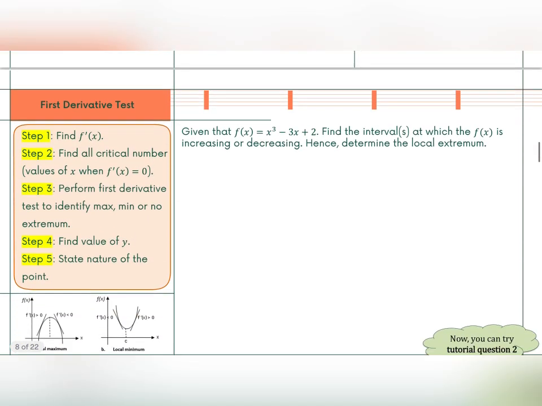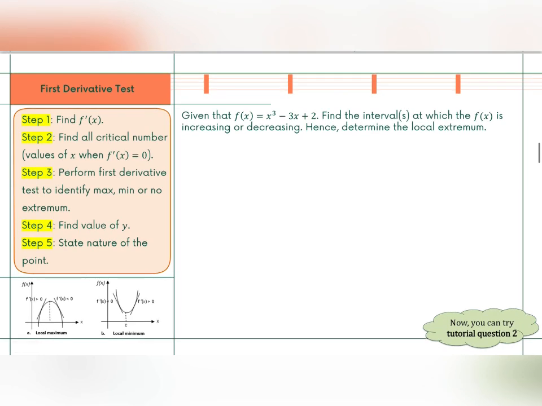Now, let's look at the example. So, macam mana kita nak dapatkan interval untuk increasing, decreasing dan juga determine the local extremum. So, kita nak beritahu dia maximum ataupun minimum. Okay. So, this will be the first step. So, the question is asking for interval increasing or decreasing.